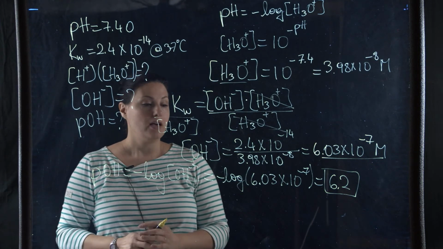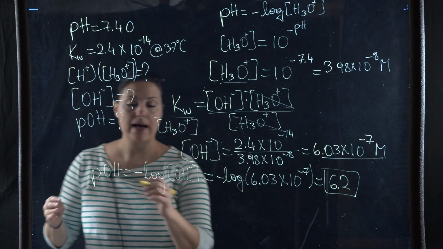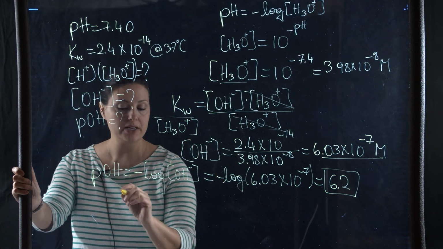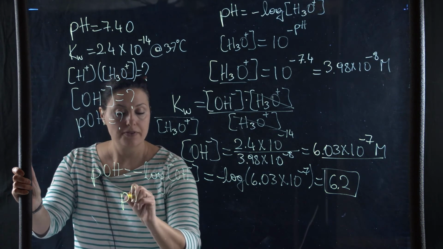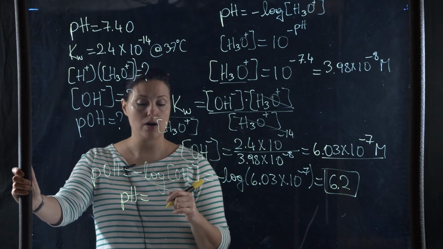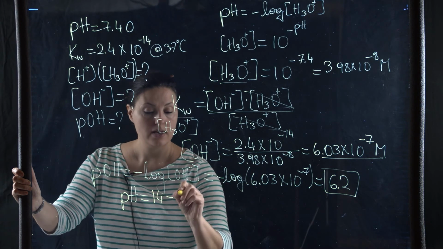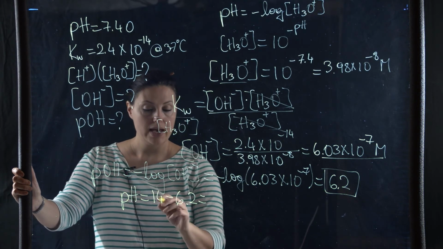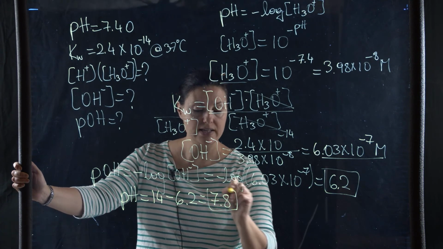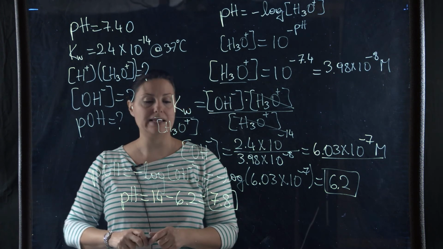Okay. I can't directly speak about the value of pOH because it's the opposite of the pH scale, but if I were to think about if the blood is basic, acidic, or neutral, I could take 14 minus 6.2, and that would be 7.8, a pH of 7.8, which tells me that the blood is a little bit basic.